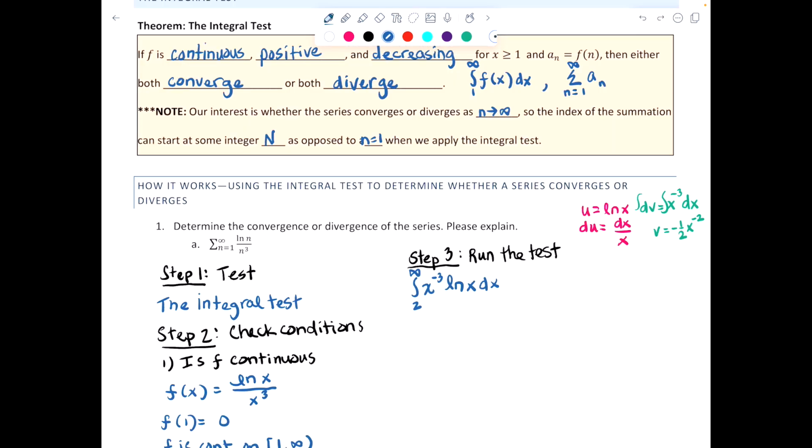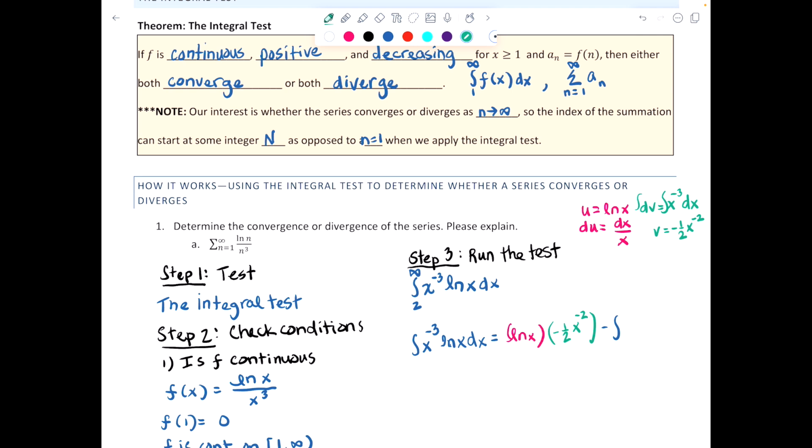So considering the indefinite integral, x to negative 3 natural log at x dx, we'll have u times v. So we'll have natural log at x times negative 1/2 x to the negative 2 minus the integral of v du.